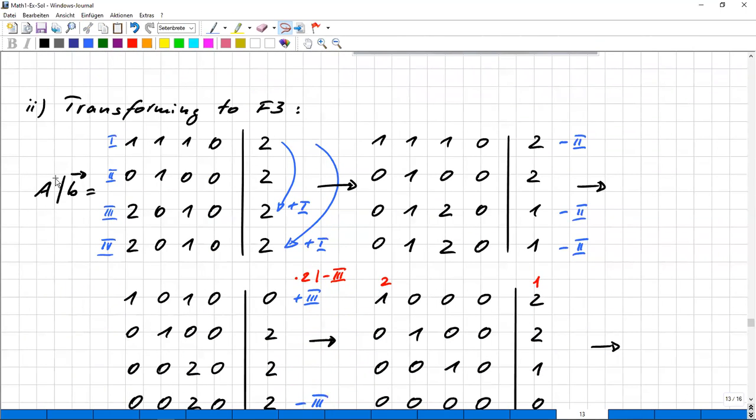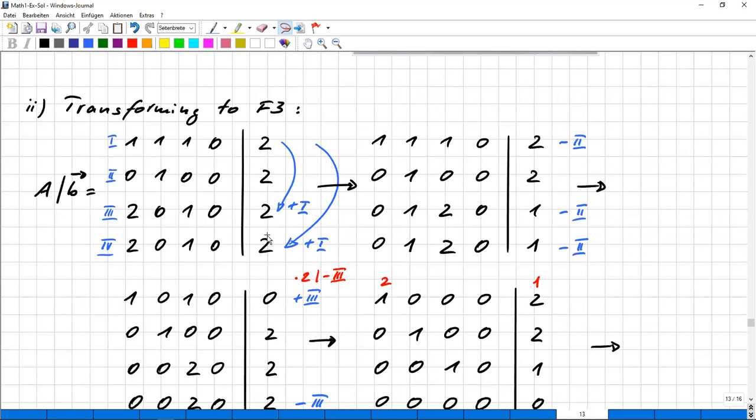And this is just a symbolic notation for matrix A, vertical bar, vector B. So that's one standard compact notation for equation systems like this. Now, we don't have so much time left, but I will try and present you already now the so-called Gauss-Jordan elimination, which is an extended version of the Gaussian elimination method.